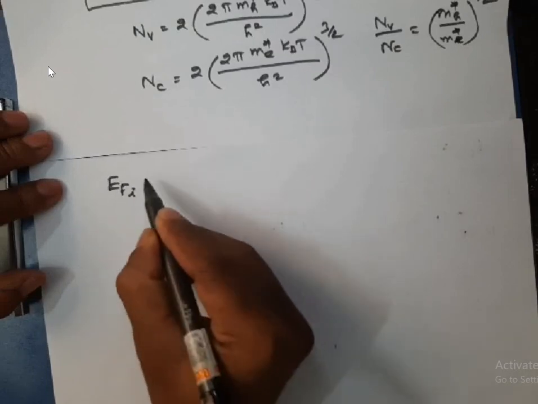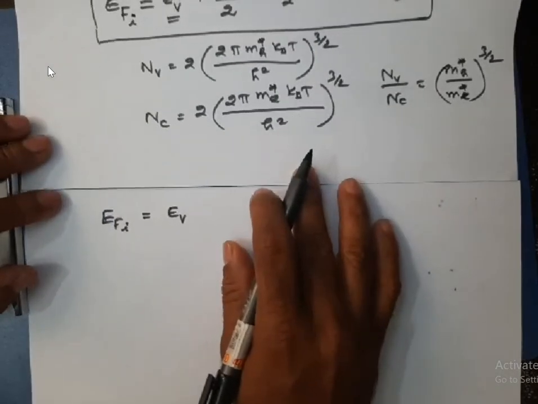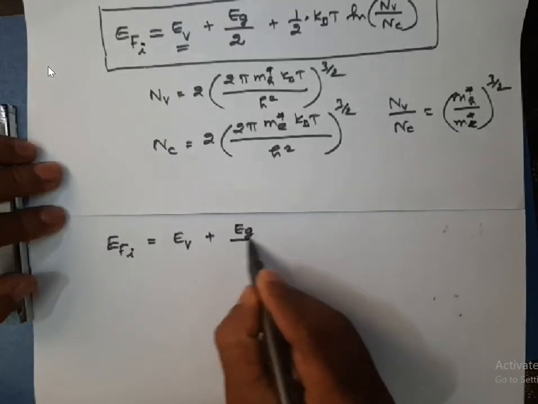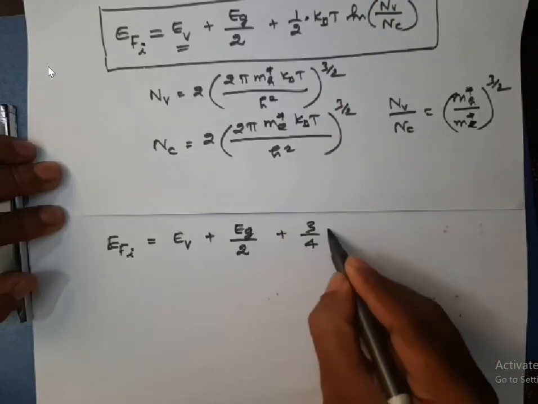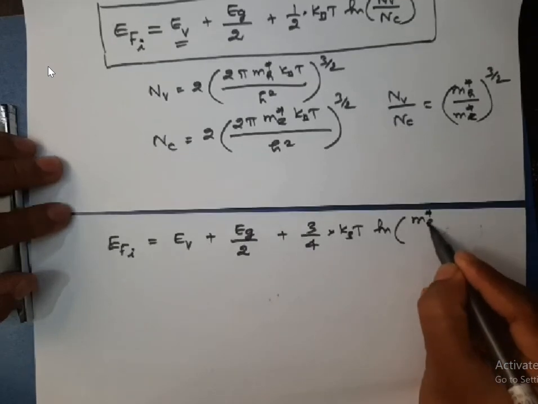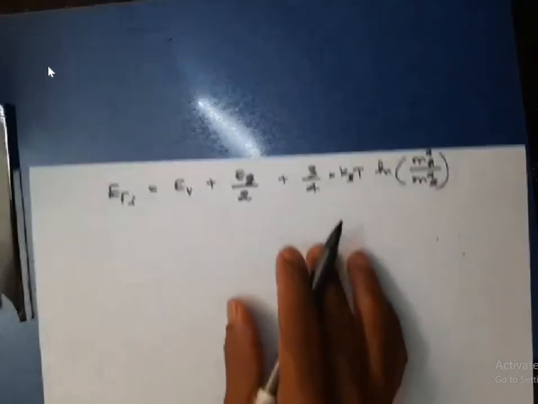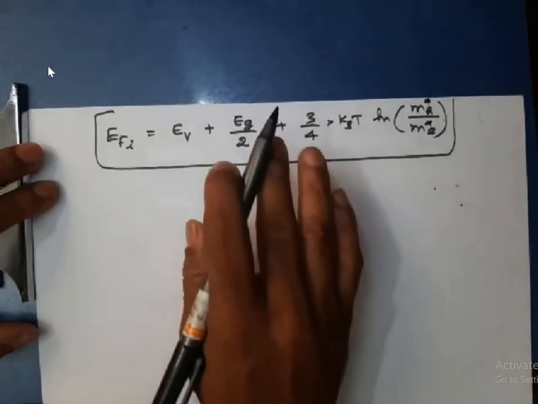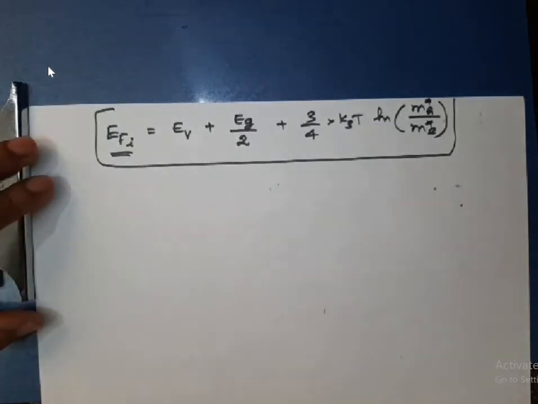Above the EV value, EFi equals EV plus the band gap EG by 2 plus 3 by 4 times kBT ln (effective mass of hole by effective mass of electron). This is an alternative expression, and it can be used to calculate the Fermi energy of an intrinsic semiconductor.